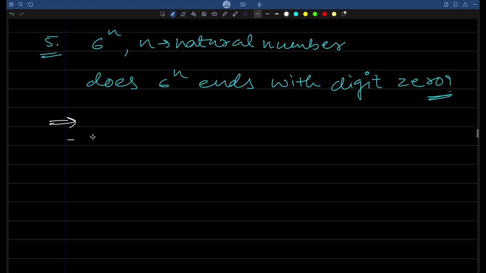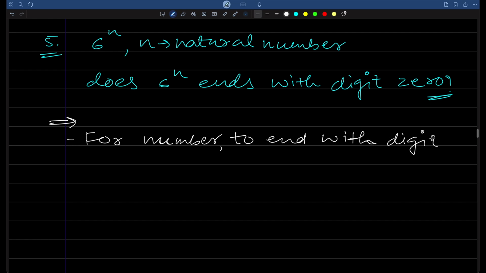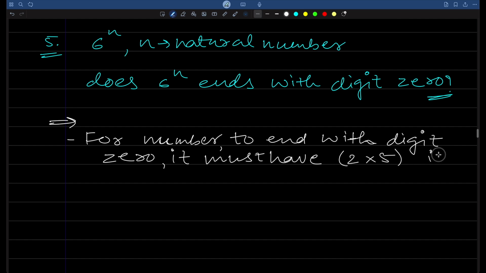So, for a number to end with digit 0, it must have 2 into 5 in its prime factorization.